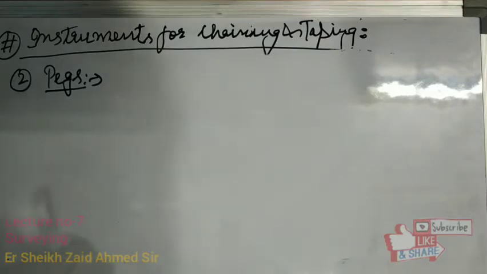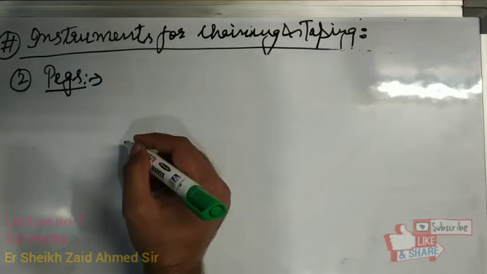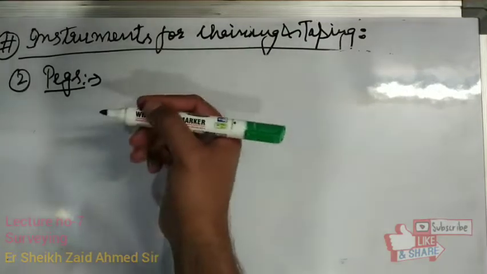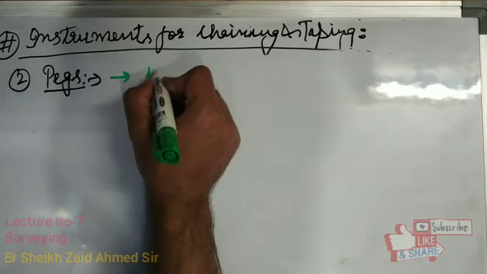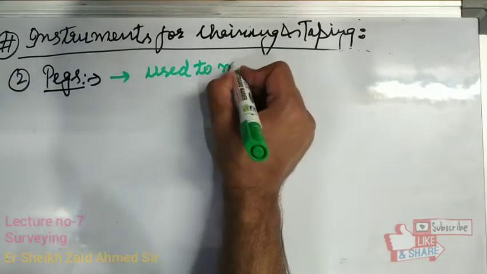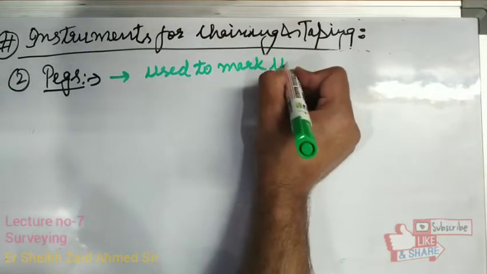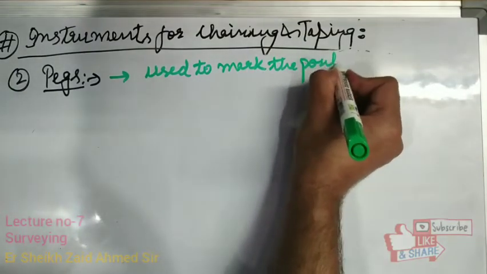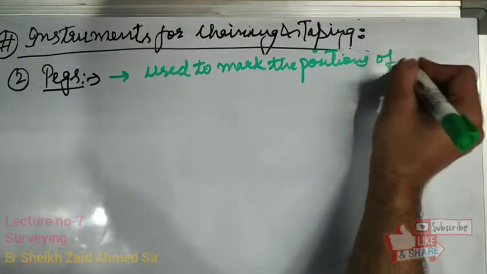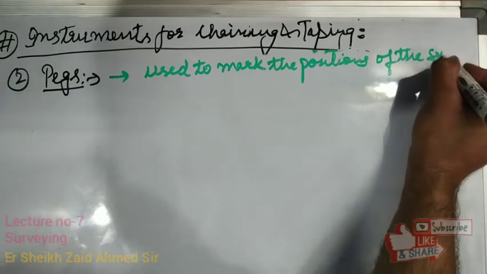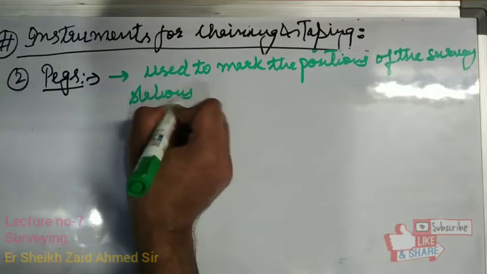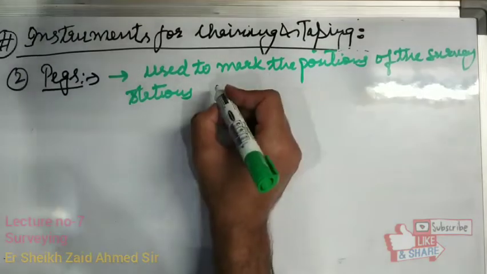See, wooden pegs are used to mark the positions of survey stations or the end points of a survey line.